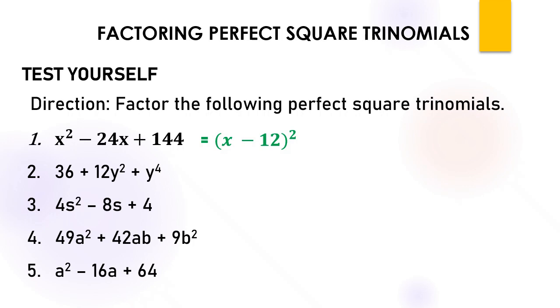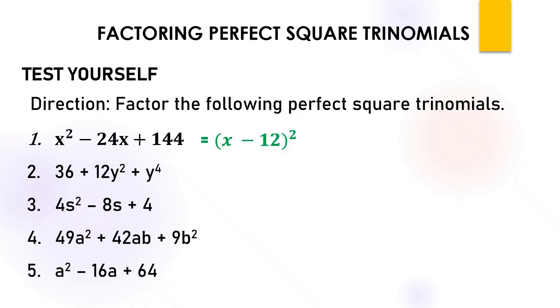And so our a here is 6 and b is y squared. So ab is 6y squared, and then multiplied by 2, multiply 6y squared by 2, that will give us the middle term, which is 12y squared. So this is a perfect square trinomial. So what is now the factor of this expression?